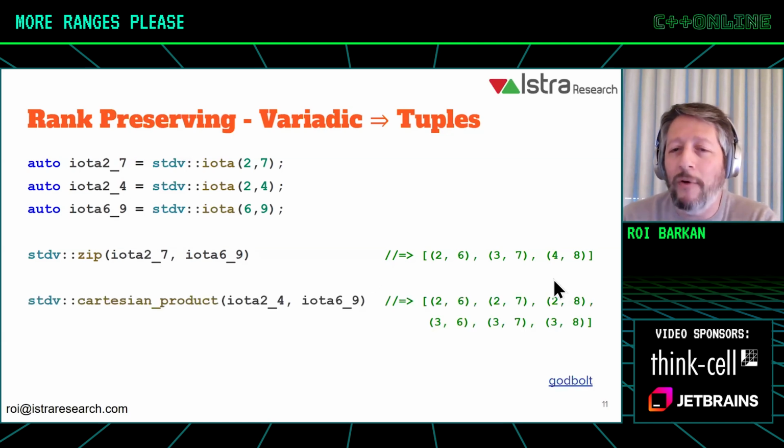Okay, and very similar in shape, but much more complex and longer in nature, is the Cartesian product, where again we take a variadic number of ranges in the input and create a range of tuples as output. But these tuples are each and every one of the potential combinations.